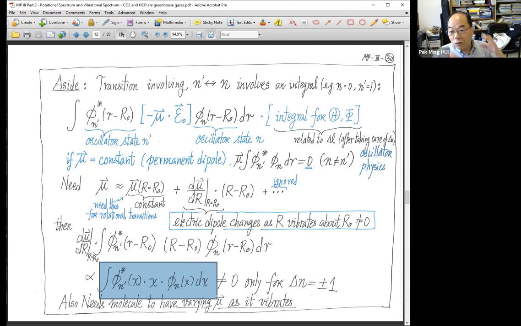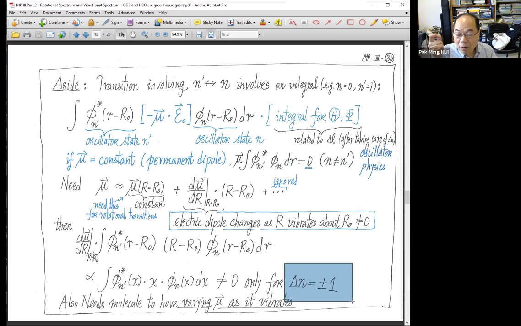Okay, so no new physics, provided that you know how to apply them. So here, no new content, but we apply it to a new context of vibrational level transition in molecules, okay? So that's why we have this selection rule, but one more requirement.